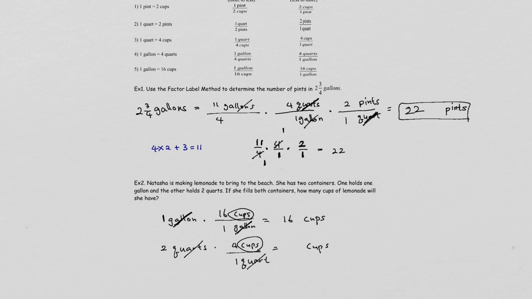This means you're doing 2 times 4 on the numerator and 1 times 1 on the denominator. So this gives you 8 over 1, which is 8 cups. They wanted to know how many total cups of lemonade, so you add them. When you add, you get 16 plus 8, which is 24 cups of lemonade.